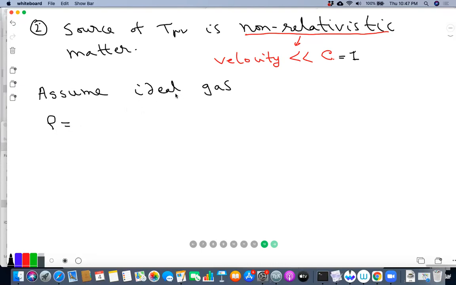Let's imagine that it's a collection of protons, or some other object. Typically it's a collection of protons and neutrons. Electrons are very light.